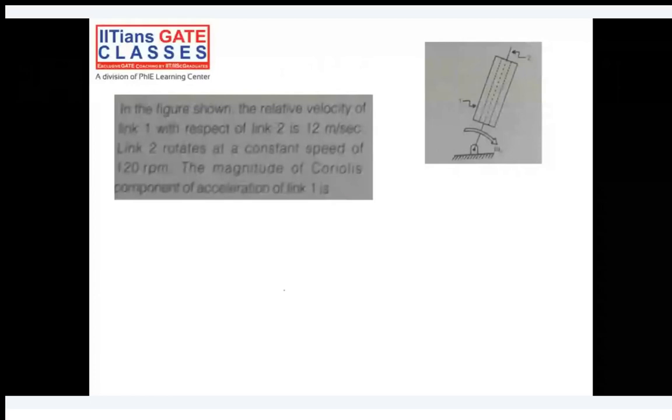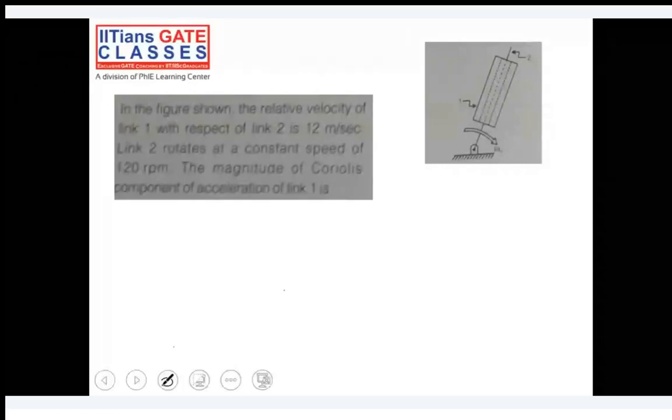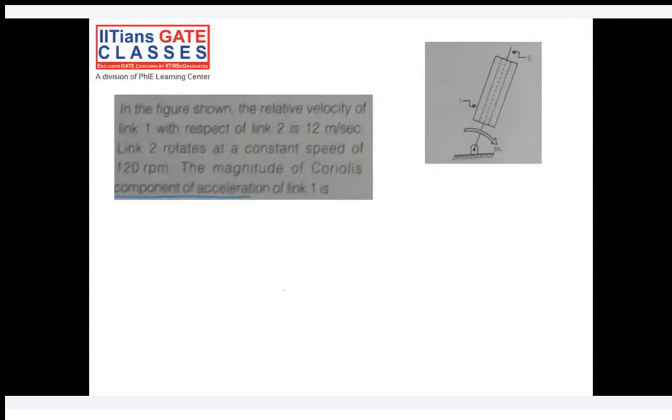Omega is equal to 2 pi N divided by 60, and you will get 2 pi into 120 rpm divided by 60. So it is 4 pi. The answer is 2 into 12 into 4 pi. I think it should be around 302 meter per second square.